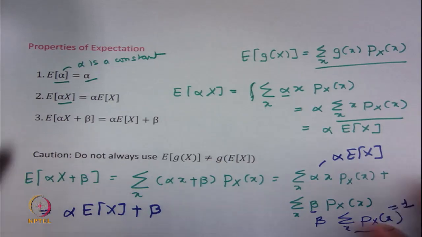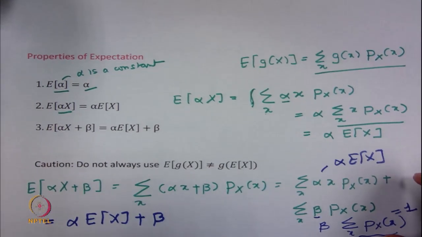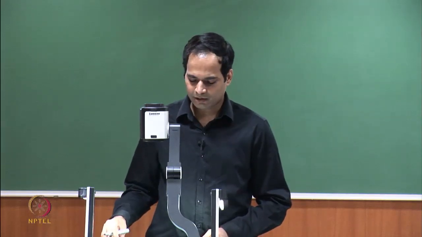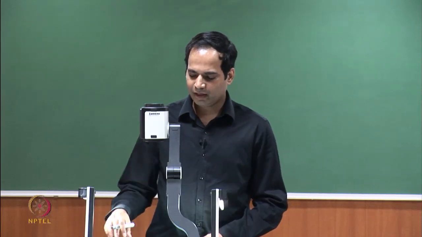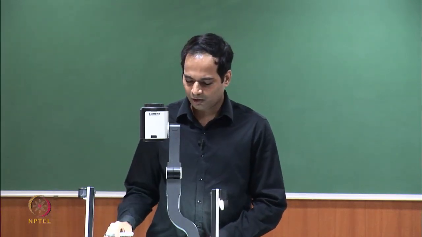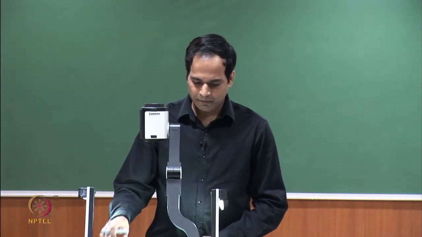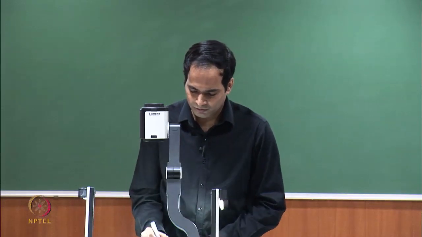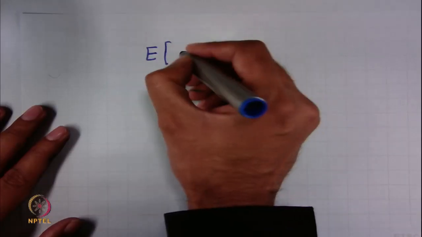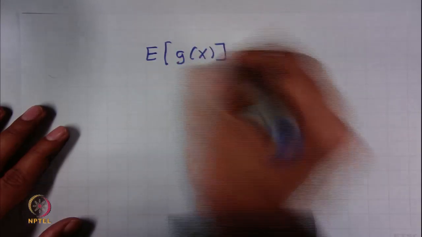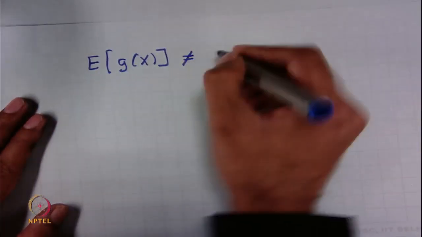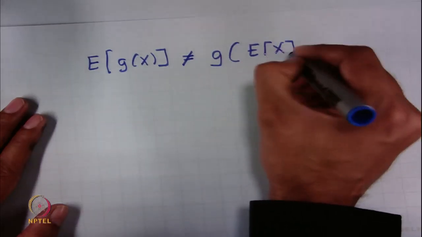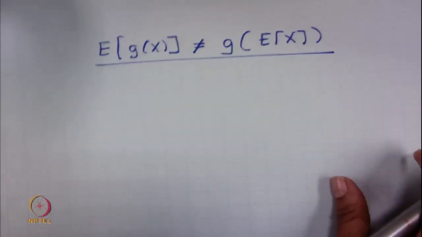Okay. So, these are some basic properties of the expectation operator that might help you in doing certain things quickly, but I advise you not to get excited with this and not to use it in all situations. For example, remember that the expected value of g of x is not the same as g of the expected value of x. These two things are not the same.